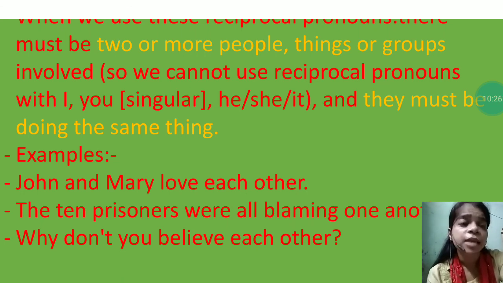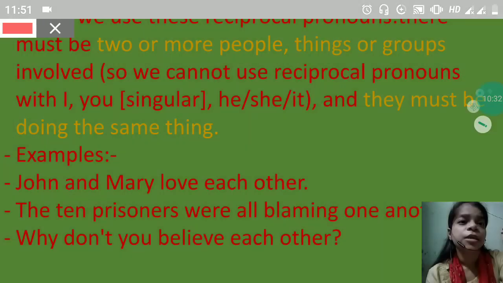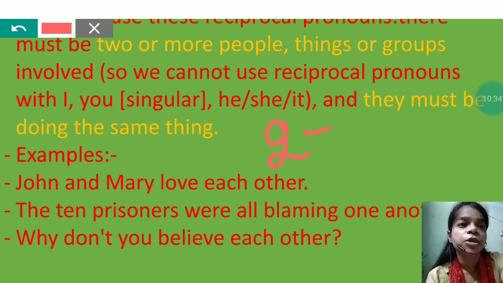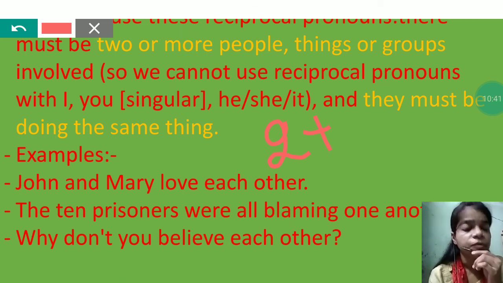For that, there should be discussion about two or more things, and the same act, the same task must be performed by all the subjects. If these two criteria are fulfilled, then it will take a reciprocal pronoun, and there are only two reciprocal pronouns, each other and one another.